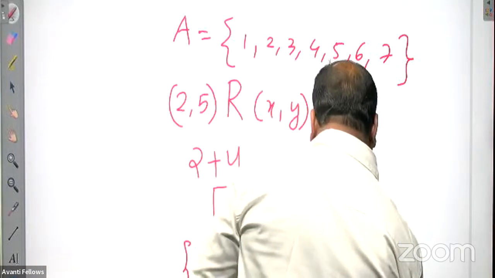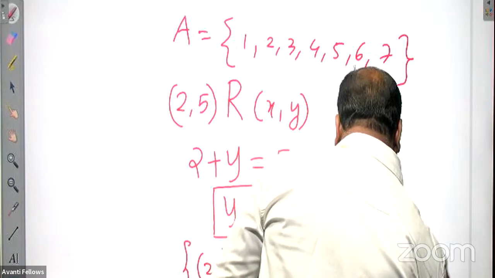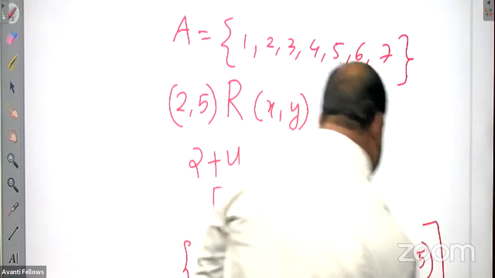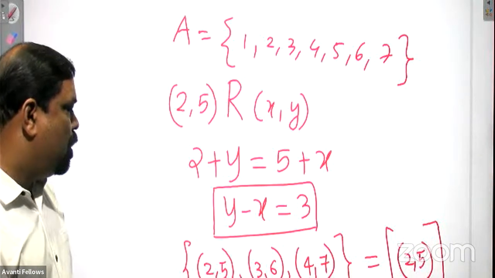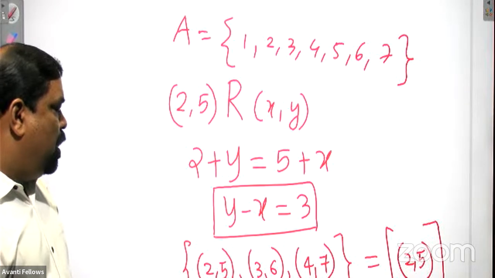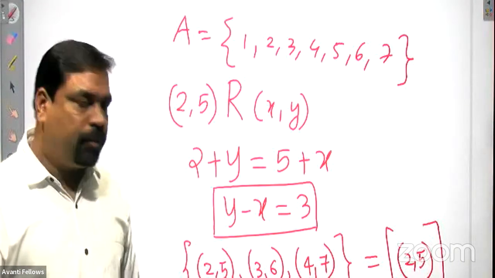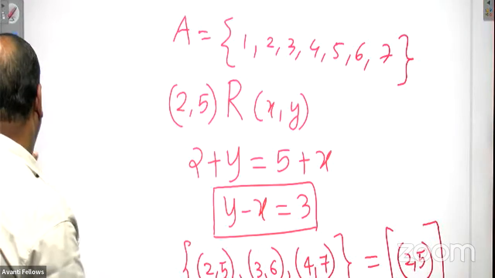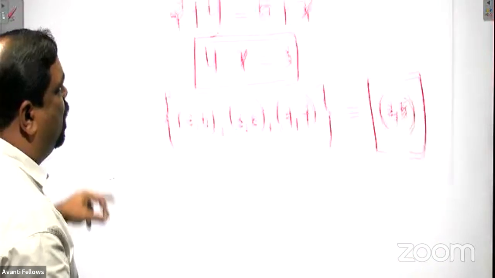So we can write this as the equivalence class containing 2, 5. We'll use this symbol for the equivalence class. So this is the equivalence class containing the element 2, 5. The element can be a different element also.